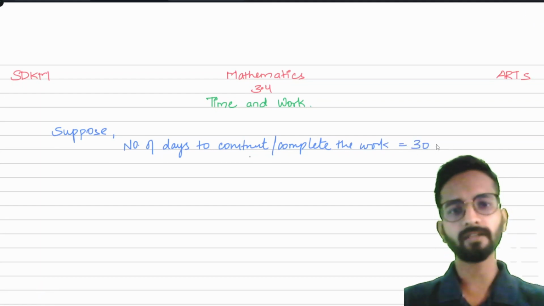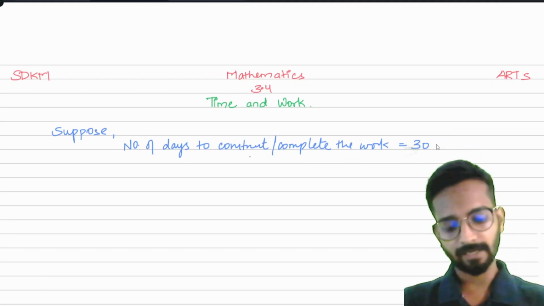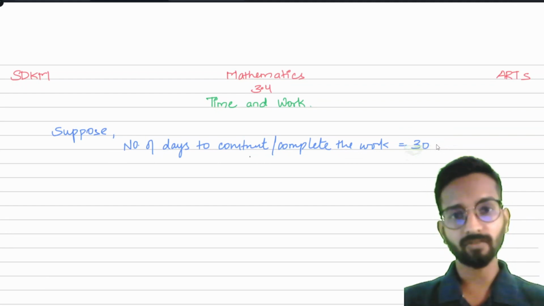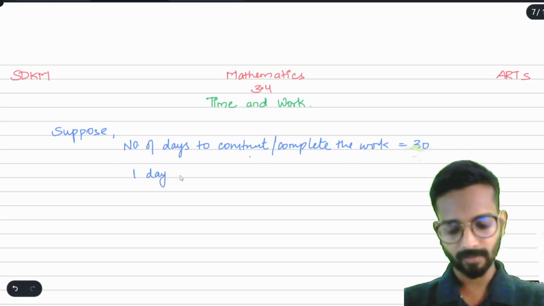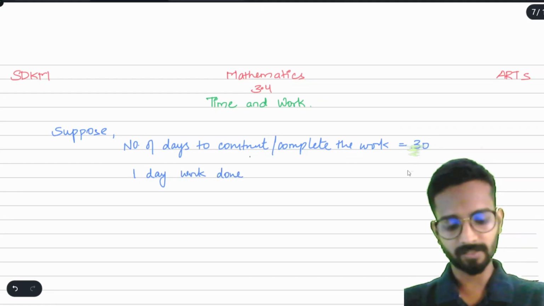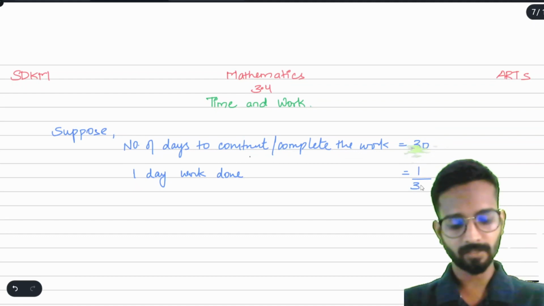It will take 30 days to complete the work. Now if I ask you that in one day how much work will be completed, you will say, sir, in one day work done will be equal to 1 by 30.